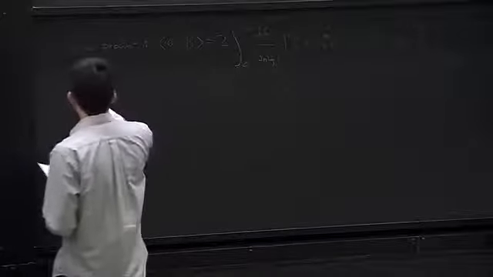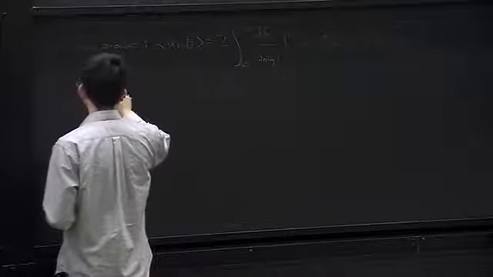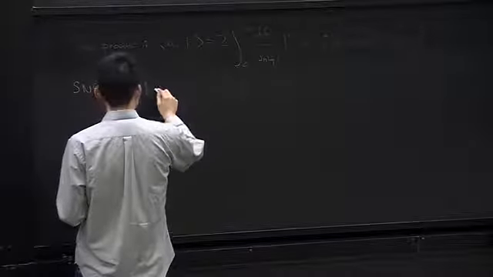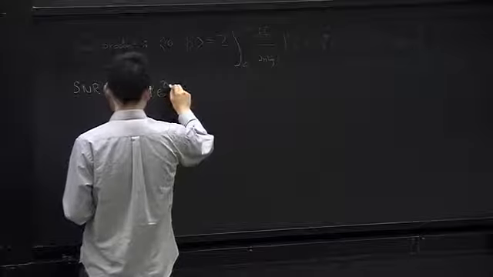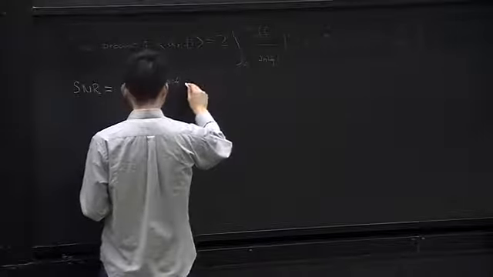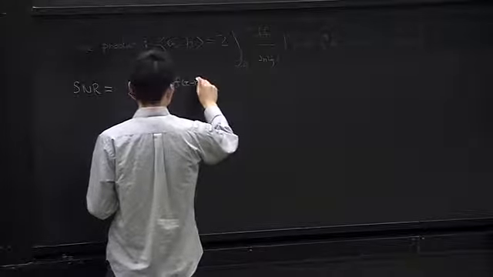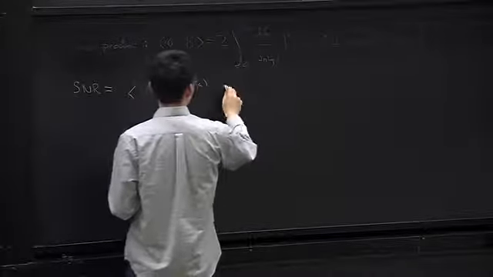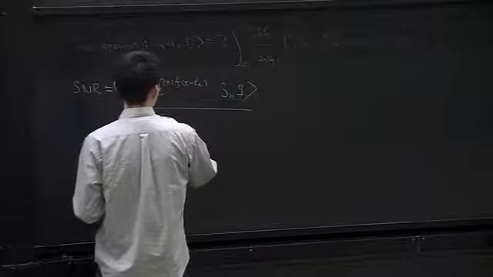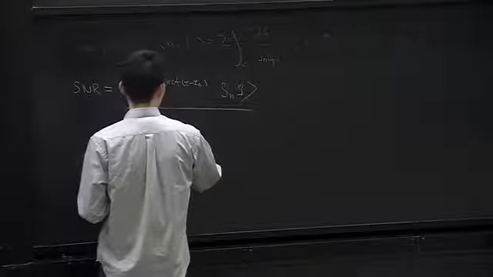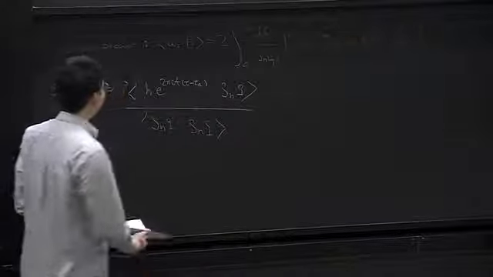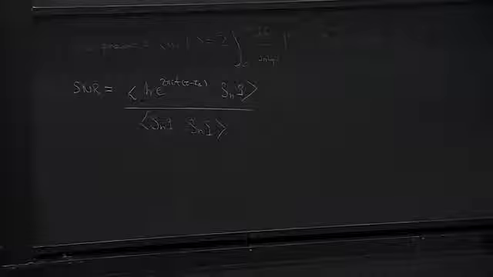Using this inner product, the signal to noise ratio is basically the inner product of h with S_n times Q, divided by the norm of S_n times Q. So it's in this very simple form.